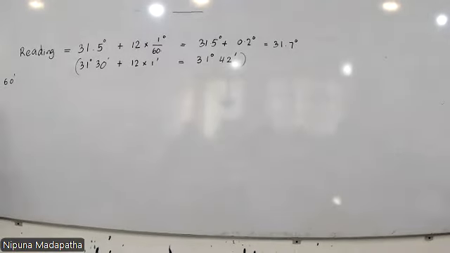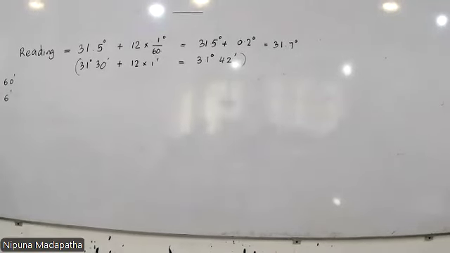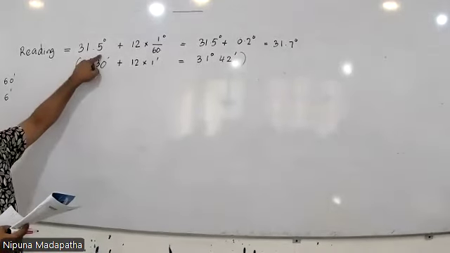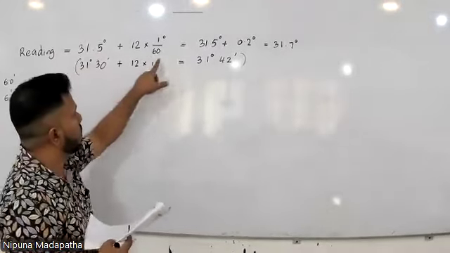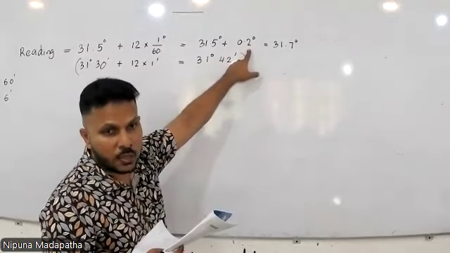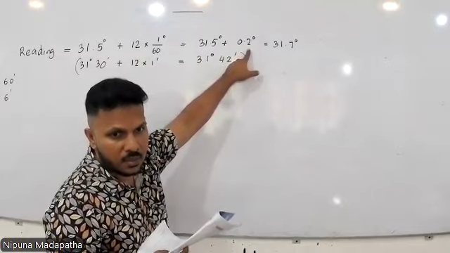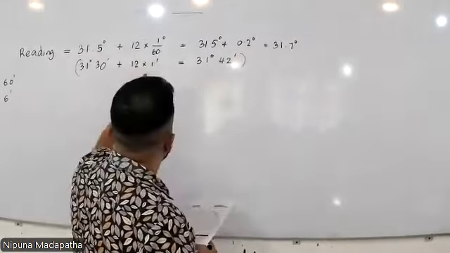That means 0.1 degree is equal to 6 minutes. So here you have 0.5, 6 times 5, 30 minutes. Here you have 0.2 degrees, which is 12 minutes. So 30 plus 12, 42.